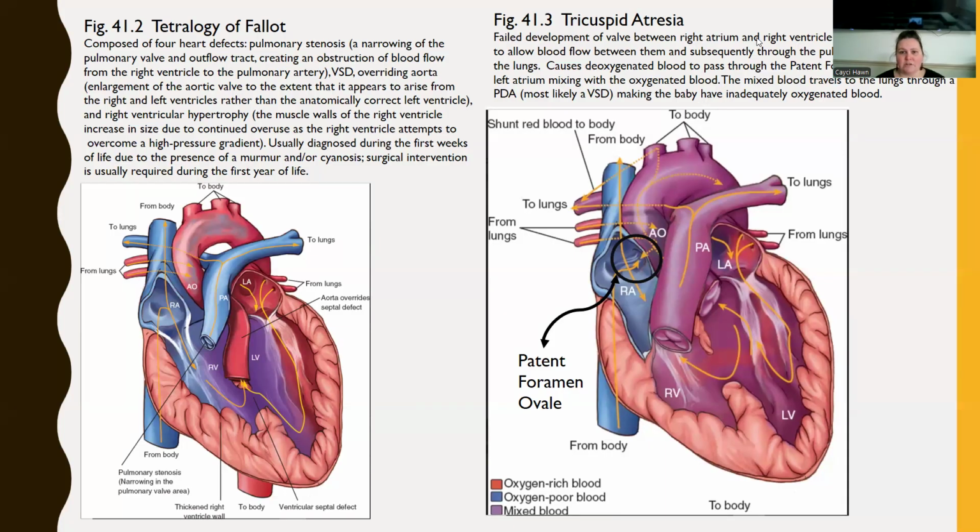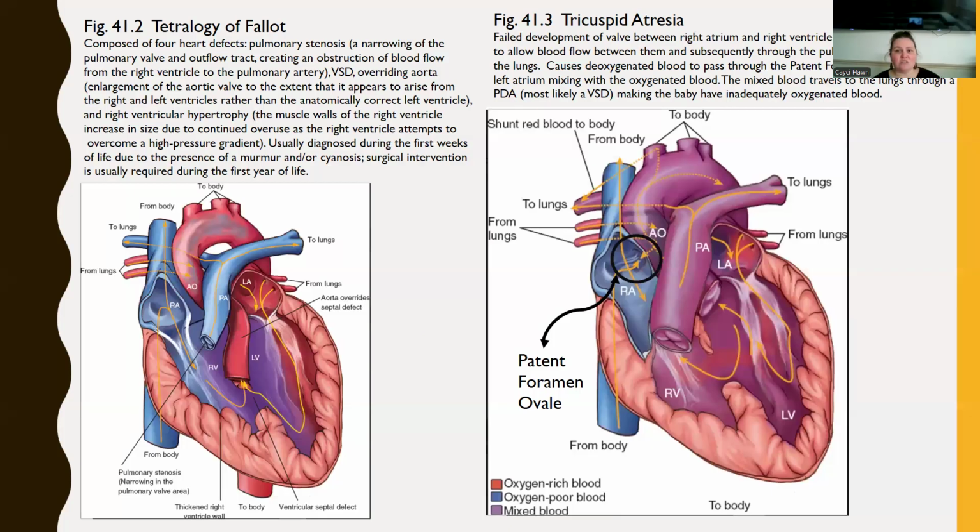Now, tricuspid atresia. Tricuspid atresia is figure 41.3 in your book. And this is the failed development of the valve between the right atrium and the right ventricle, causing no opening to allow blood flow between them, and subsequently through the pulmonary artery to the lungs.